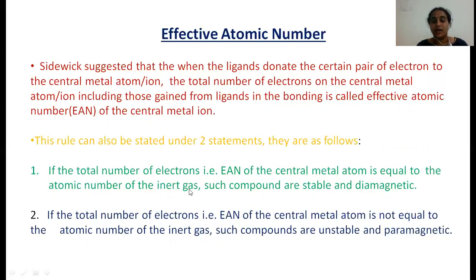If the EAN of any metal equals the atomic number of inert gas elements like xenon 54, krypton 36, argon 18, then such metal complexes are stable and diamagnetic. If the EAN of the central metal atom is not equal to the atomic number of the inert gas, then such compounds are unstable as well as paramagnetic.